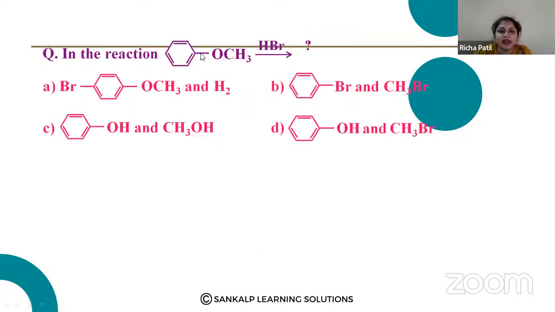Now a question: anisole is reacted with HBr. What are the products formed?